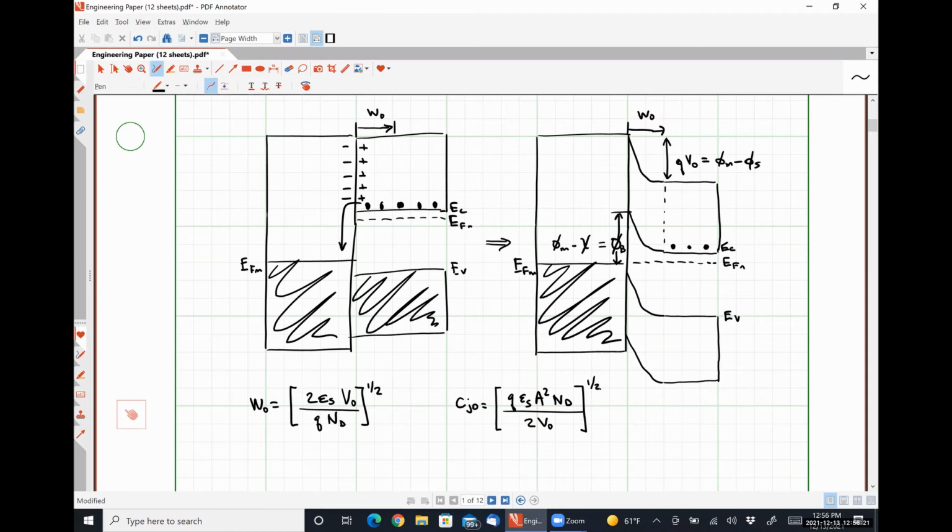If we reverse bias this thing, or actually before we do that, does the Schottky barrier change? Not at all. Okay. So the potential barrier seen by electrons trying to move from the metal to the semiconductor is still just as big.